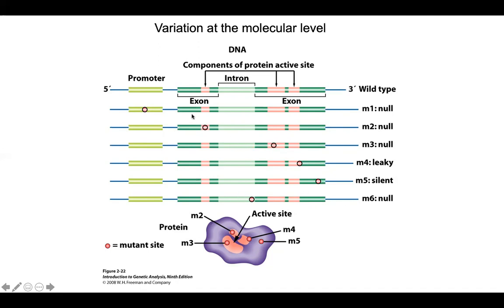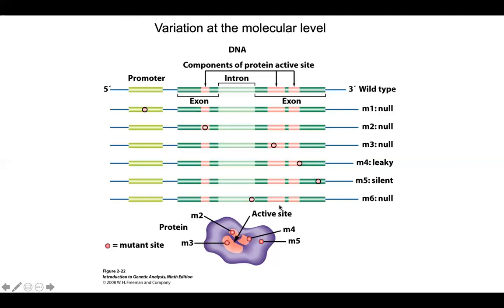These two mutations here in this cartoon are located smack in the active site of the enzyme and would probably alter its function in a way that it's no longer functioning. This M4 here, described as leaky, is at the boundary of the active site to the rest of the protein, and it may interfere with protein function somewhat, but not so drastically.